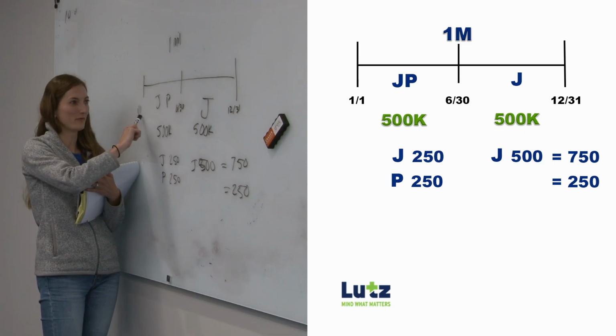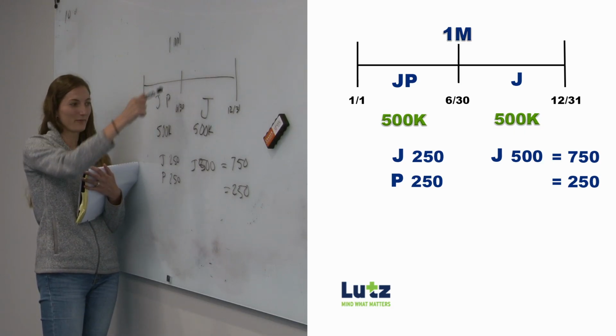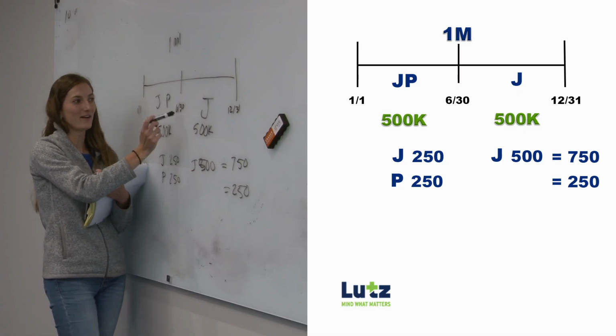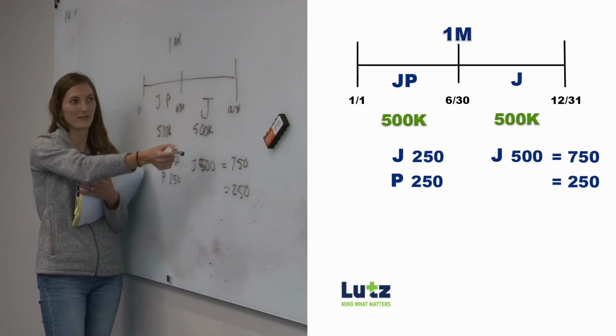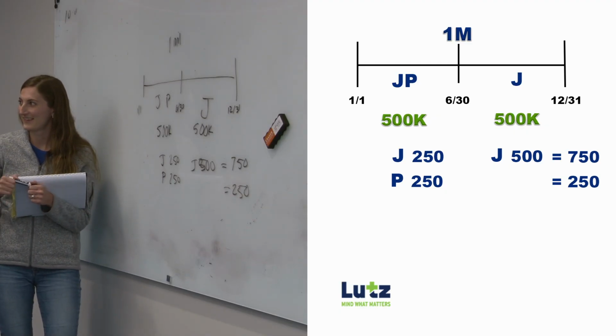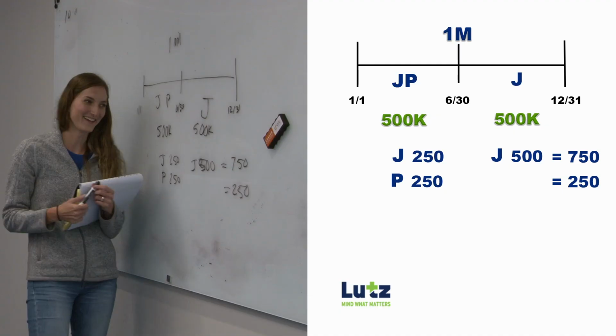From January 1 to the buyout, J should get half and P should get half, and after the buyout, J should get the remaining. Oh, that's right so far.